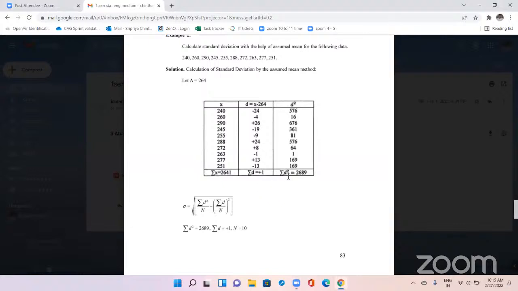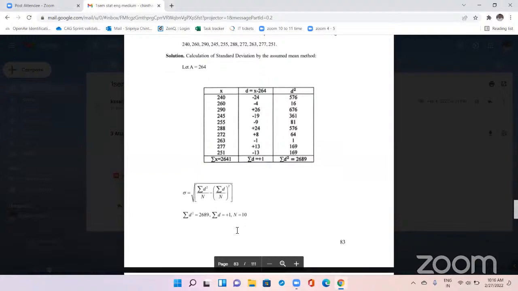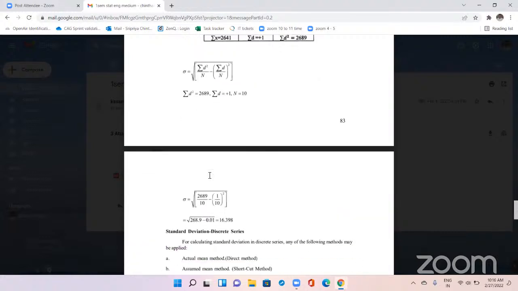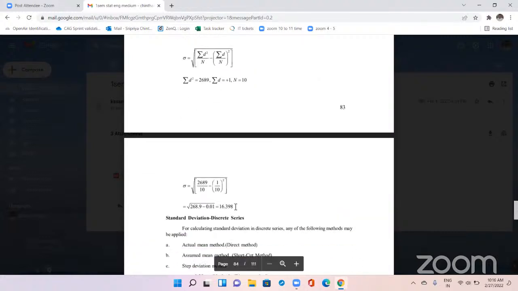Here the written is capital N, you change to small n. Our sigma d square means 2689, our sigma d is plus 1, and small n equals 10 values. Substitute the values and simplify. You should get 16.398. Check it, two minutes.